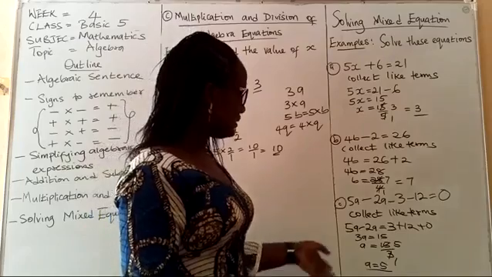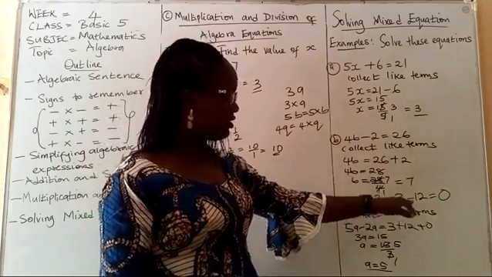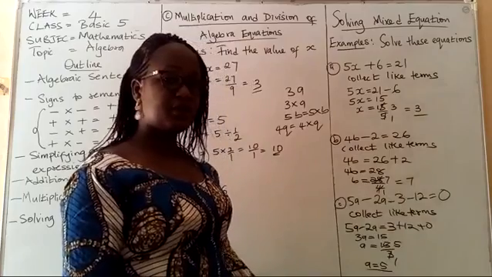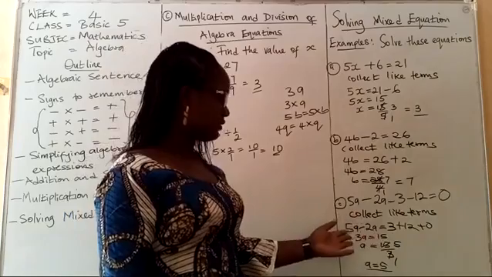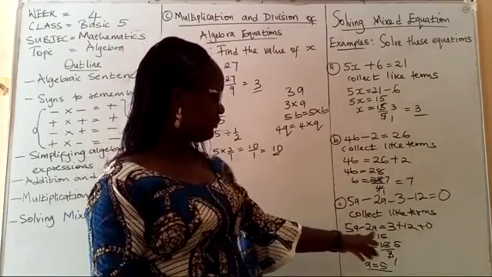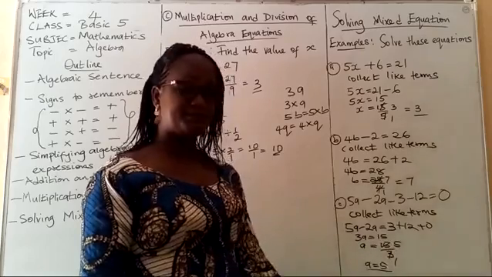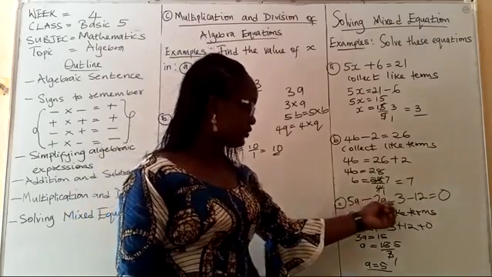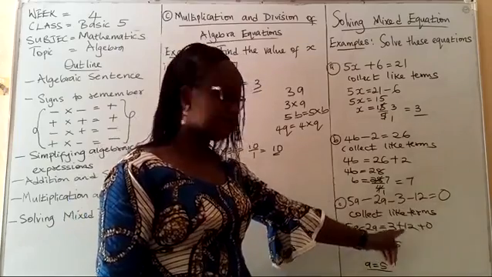Now the next one says 5a minus 2a minus 3 minus 12 equals 0. Now you collect your like terms, right? Collecting like terms, we have the letters on one part, we have 5a, we have 2a. Now on the other side, we have our numbers. Minus 3 crossing an equality sign gives you plus 3.